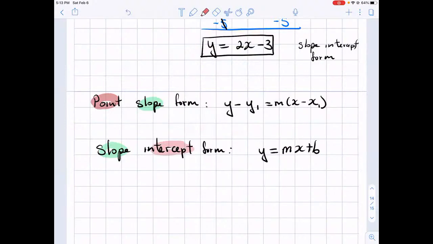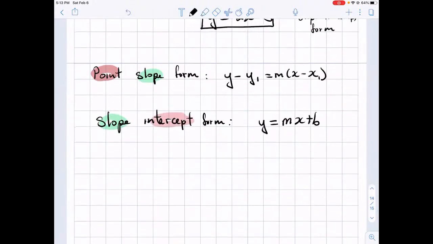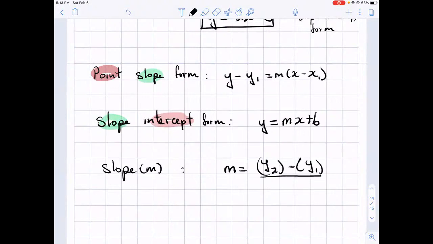And then we have the formula to calculate the slope, which is abbreviated m. So m is equal to y2, and my suggestion is to keep them in parentheses, divided by x2 minus x1.